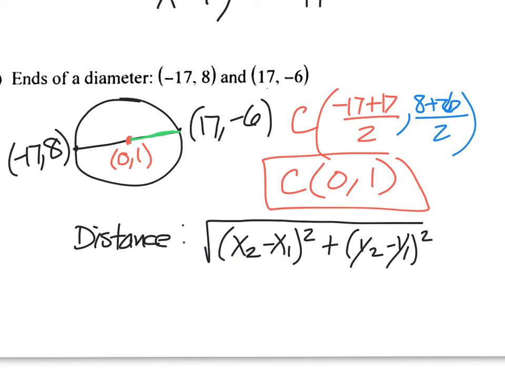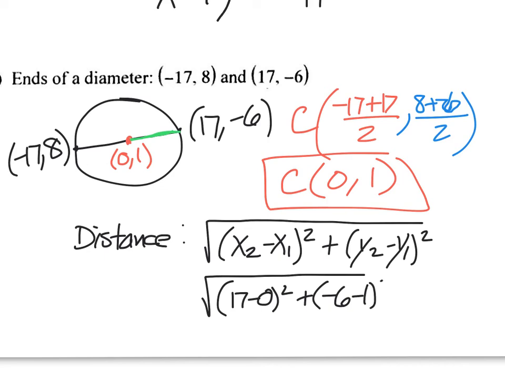All right, so I'm going to do that. So I get the square root of (17 minus 0) squared plus (negative 6 minus 1) squared. So if I do that, get my calculator, 17 squared is 289, plus 49.